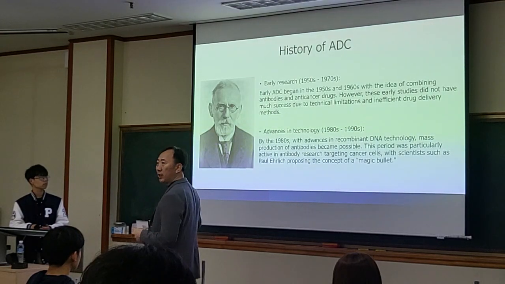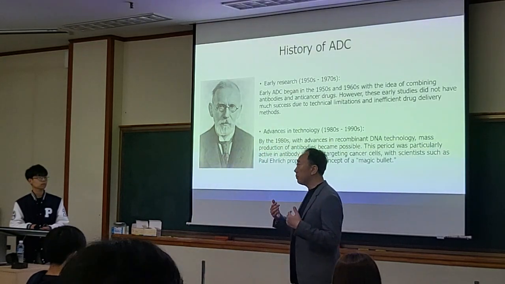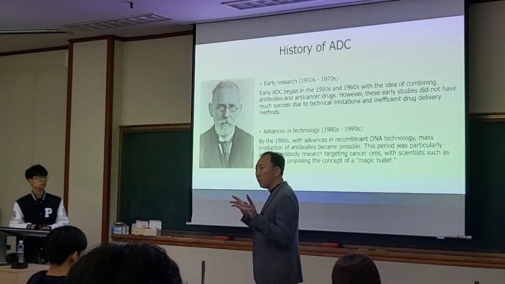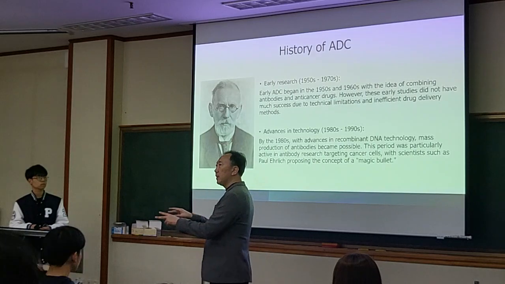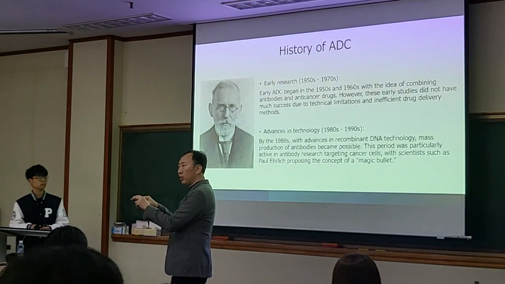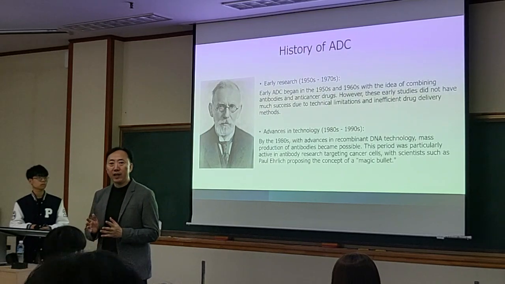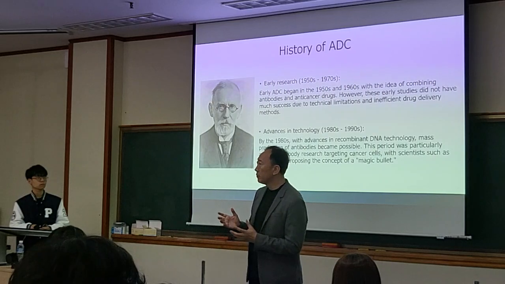Now, with the conjugation with an antibody, it's also circulating through the bloodstream. While circulating, the antibody somehow should recognize the wrong place, penetrate, and then bind to the tumor cell. How can they? Antibody size is 150 kilodaltons. It's quite big.